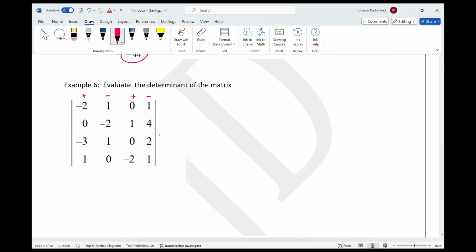So it means minus 1, i plus j is going to be odd, so it's going to be minus. In terms of position, this is going to be negative, positive, negative, positive. And this will be positive, negative, positive, negative.